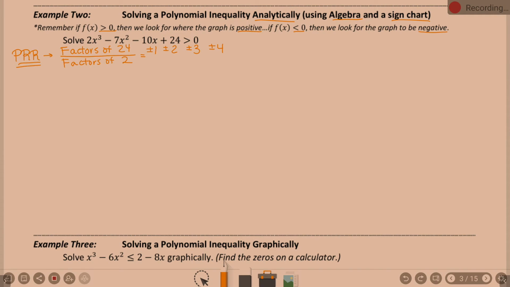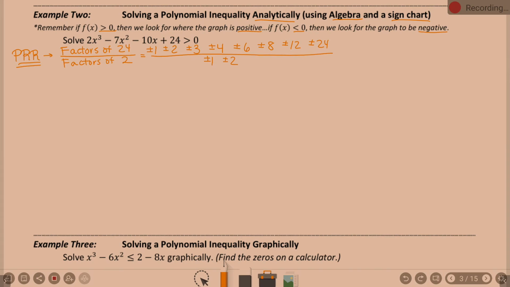So I know 1 has a pair, 2 has a pair, 3 has a pair, 4 has a pair, 5 does not, and now we're doing the other set of pairs, aren't we? 4 and 6, 3 and 8, 2 and 12, 1 and 24. All over factors of 2. One and 2.